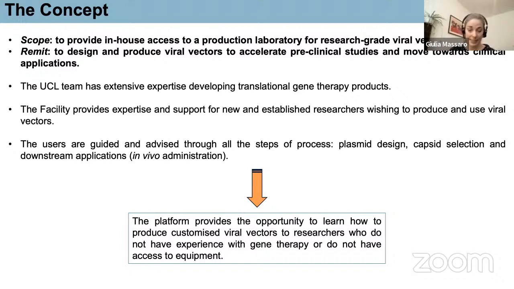Myself and the UCL team behind the facility have very broad and long expertise in gene therapy. I've been working for the last 8 years in translational gene therapies, and the applicants, Professors Waddington, Kinnon and Rahim, have decades of experience in gene therapy. So we have a strong team behind us.